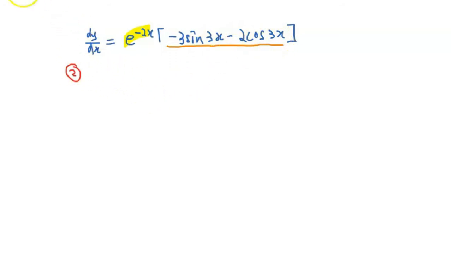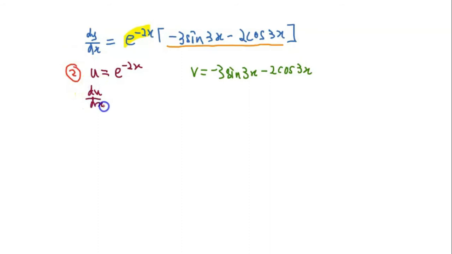So, first, let u equal the first function e to the power of negative 2x, then v equal the second function negative 3 sin 3x minus 2 cos 3x.